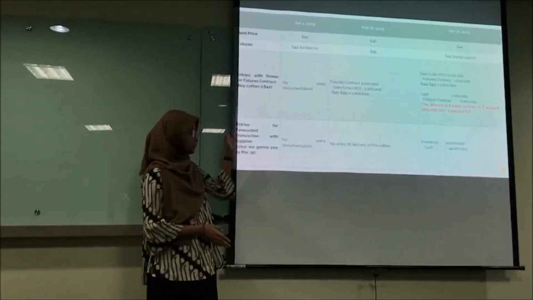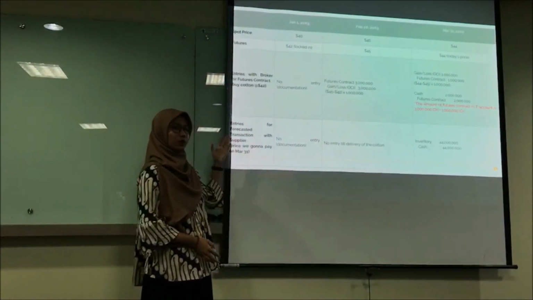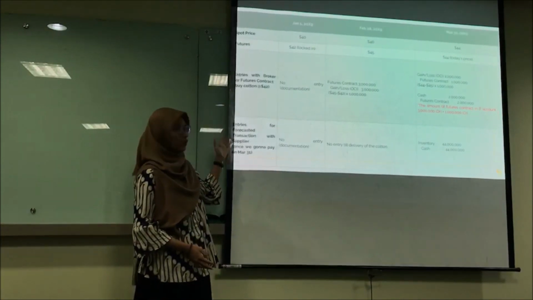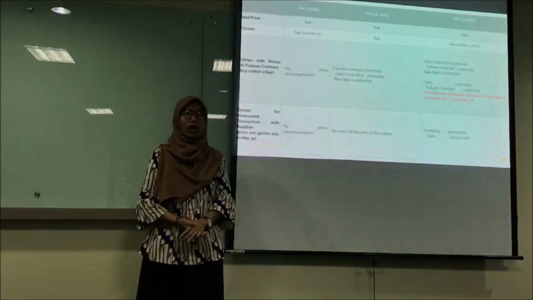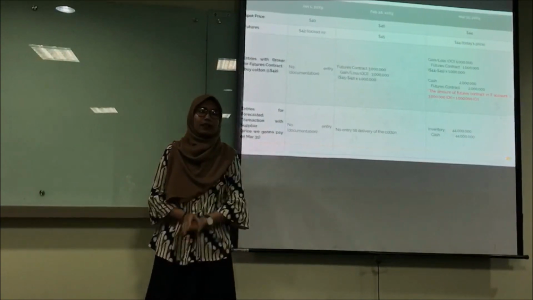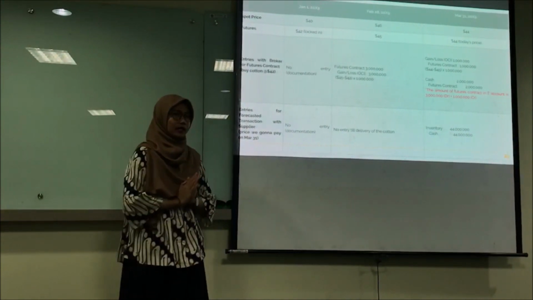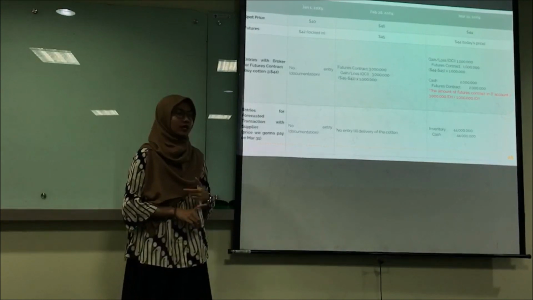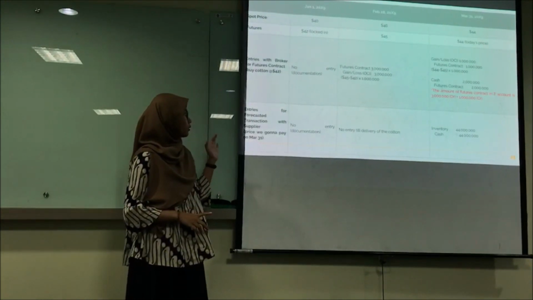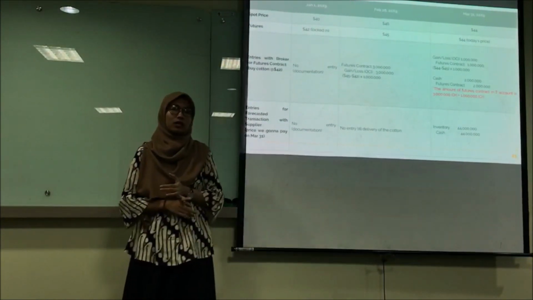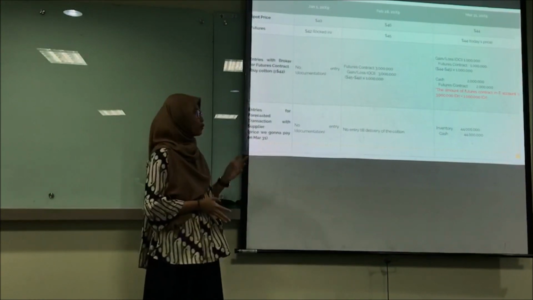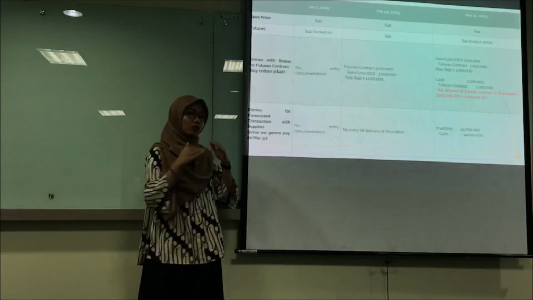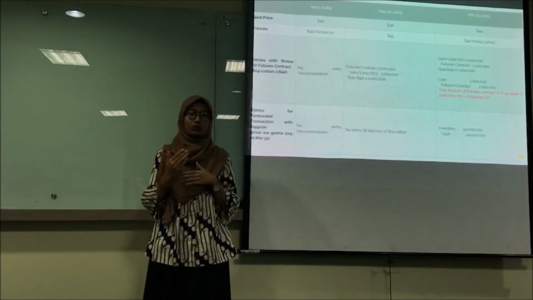And in the third row, we have entries with broker, and in the fourth row, we have entries for firm commitment. And in January, there is no entry recorded in entries with broker or entries for forecasted transaction because all we need to do is documentation. And on February 28, the price went up from 42 to 45.